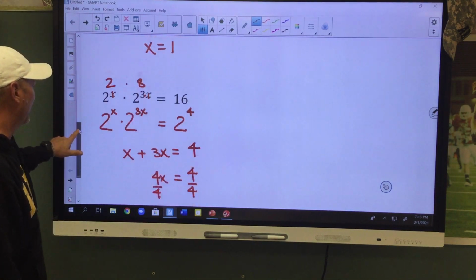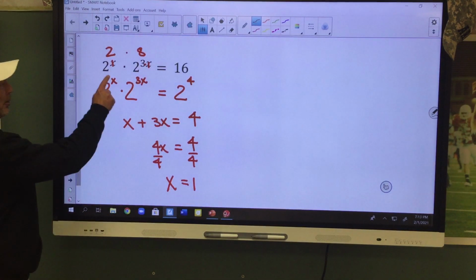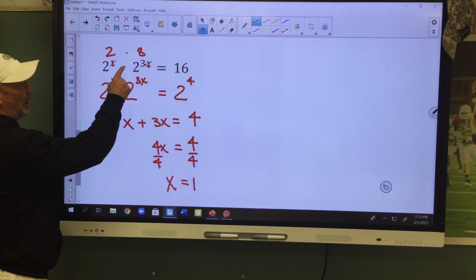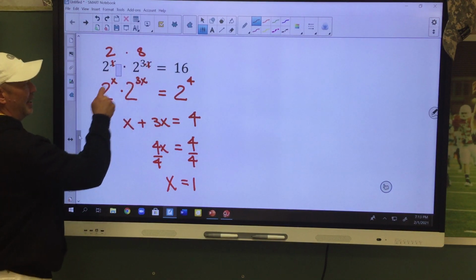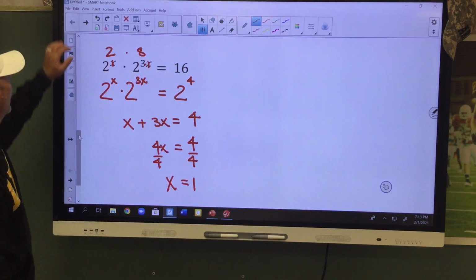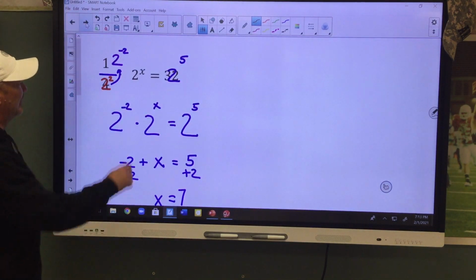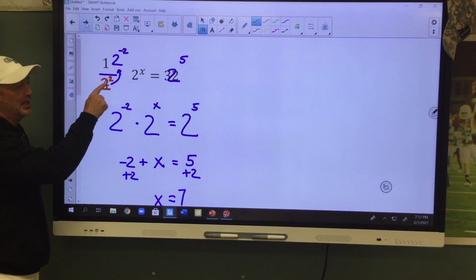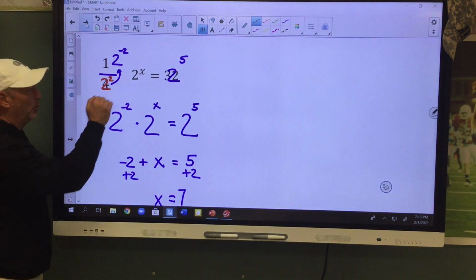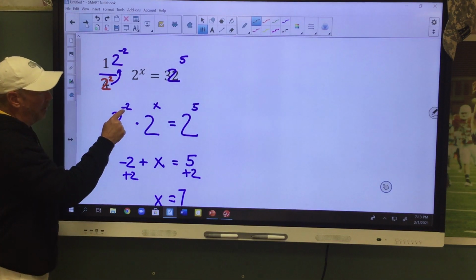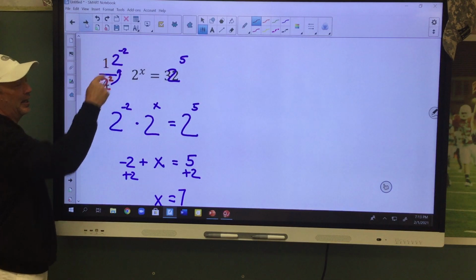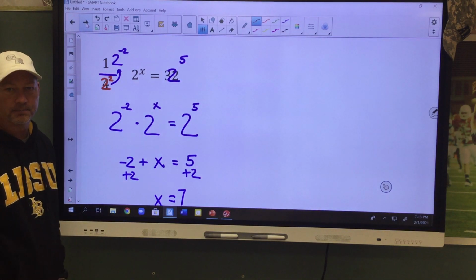And then we kept going, and we said, remember that when we multiply, we're supposed to add the exponents. And then we said, if I had a number that was in the denominator, and I pushed it up, the exponent goes from a positive to a negative or a negative to a positive.